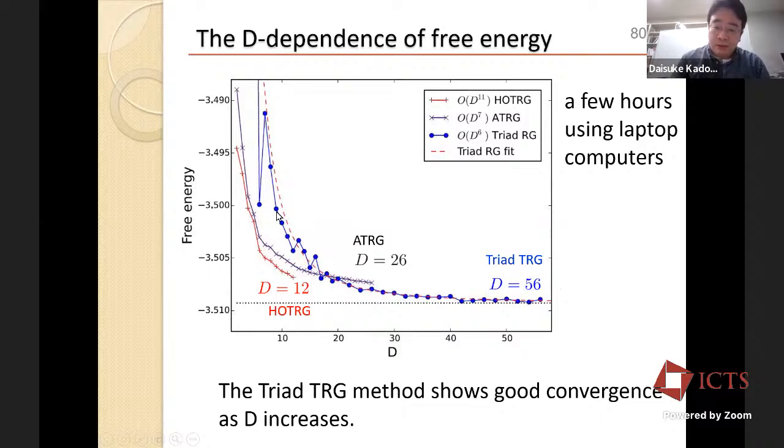And all the computations in this figure were completed within a few hours using laptop computers.